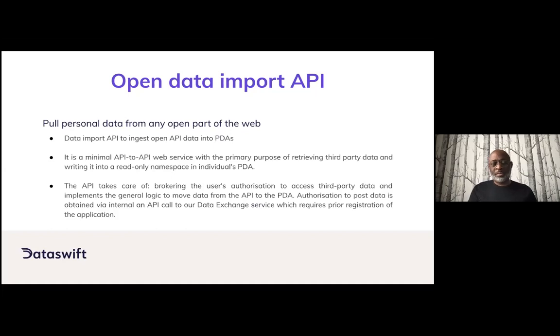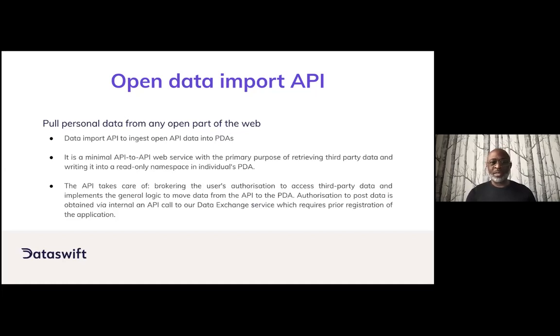The example I gave was Facebook. We currently have a number of data plugs already in operation that pull information from Spotify, Facebook, and Twitter, for example. So you can then ask for your personal information from those third-party services.